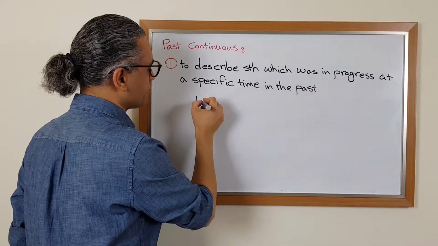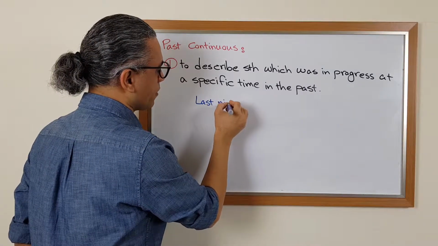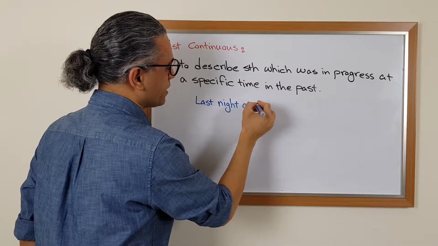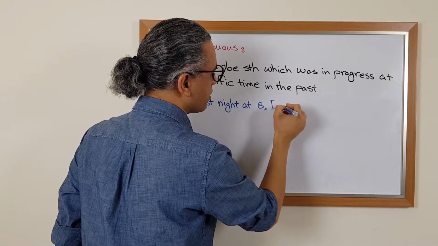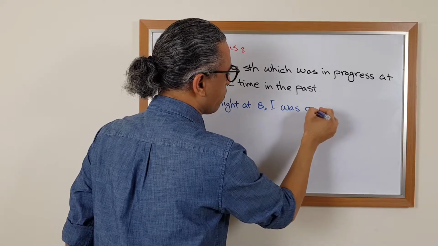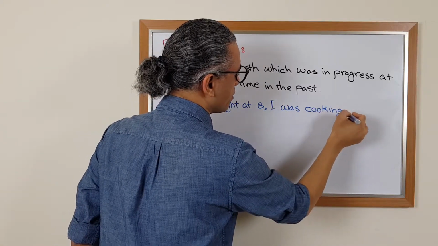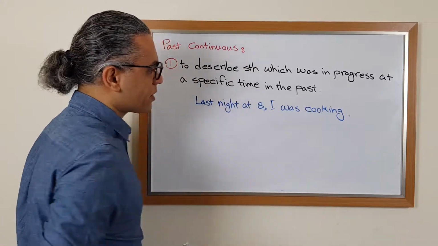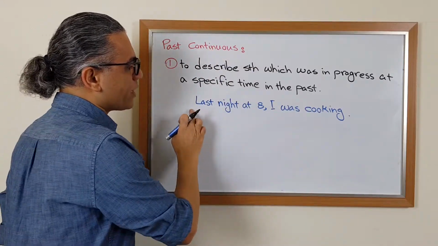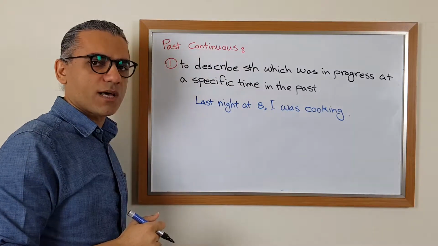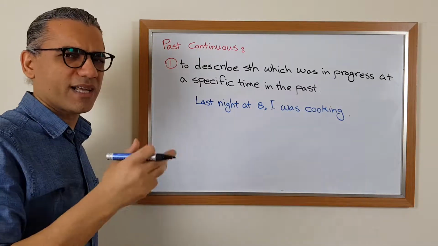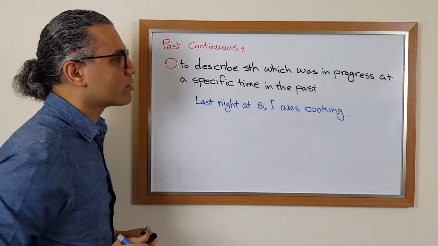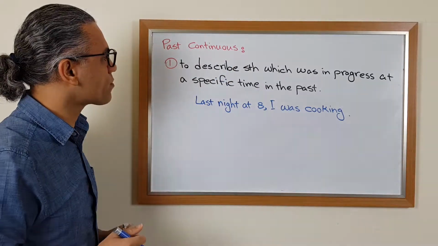Example. Last night at 8 I was cooking. This is a past continuous sentence, and we always have a specific time for a past continuous sentence. We will talk about form later on, but this is only about the function of past continuous.